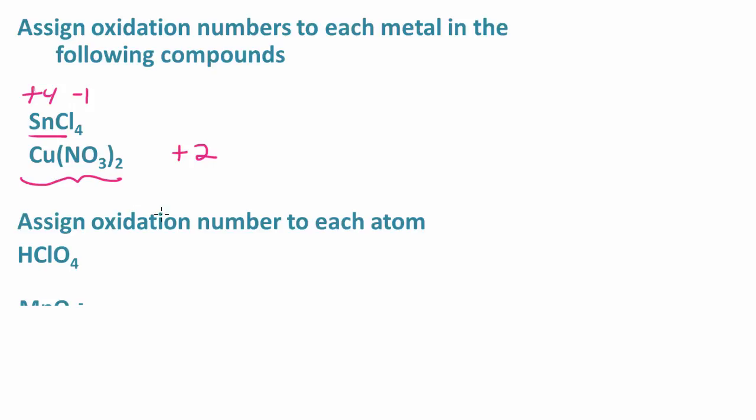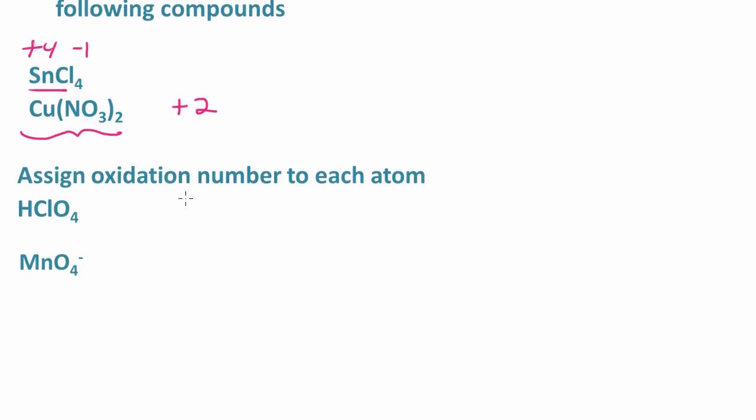Let's assign oxidation numbers to each atom in these compounds. We know that hydrogen is always +1, and oxygen is -2. Now remember, here we have to determine the oxidation number of the chlorine. It can have an oxidation number anywhere from -1 to +7.